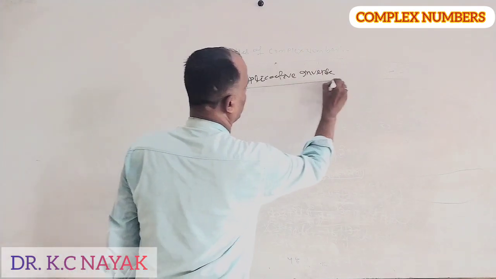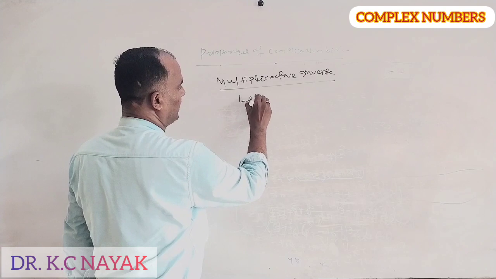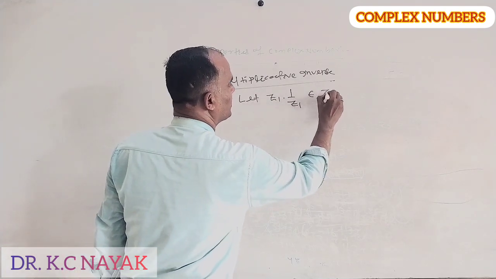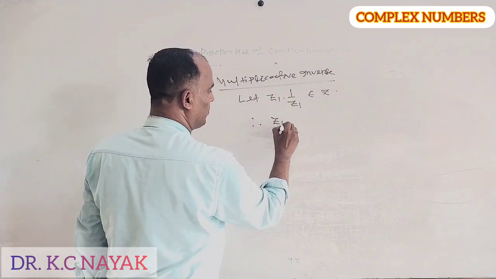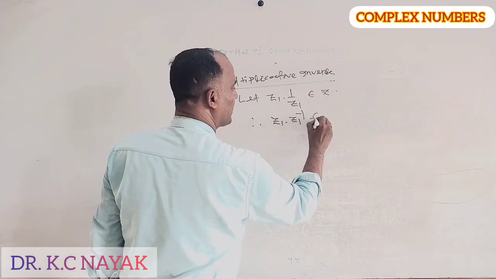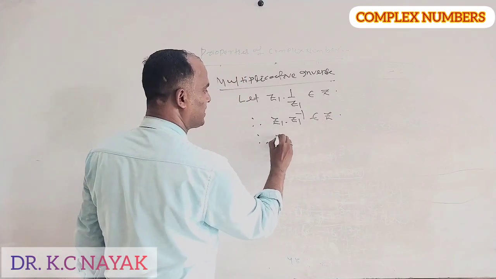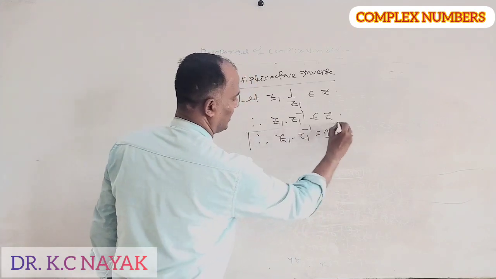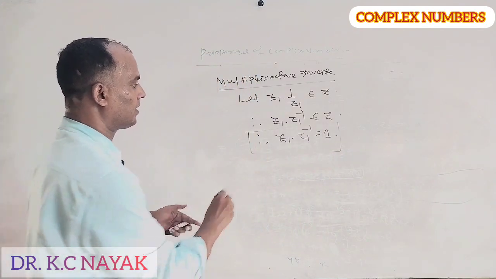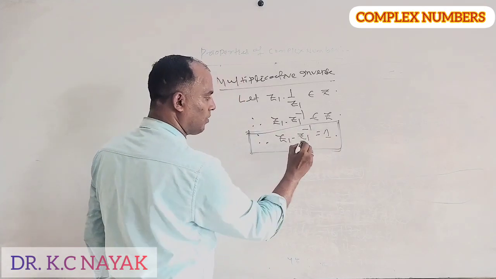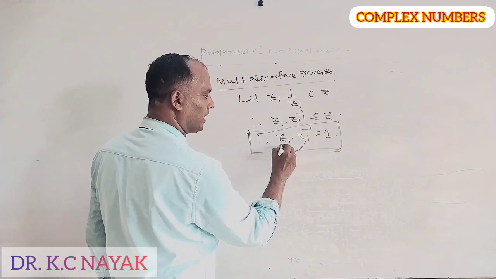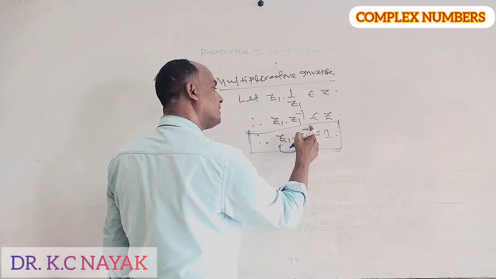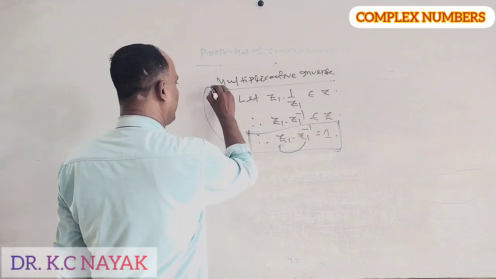Just you see, suppose Z1, let 1 by Z1 belong to Z. That is why Z1 into Z1 inverse belongs to Z. That means Z1 into Z1 inverse is equal to 1. Here Z1 inverse of Z1 is known as the multiplicative inverse. Z1 is also the multiplicative inverse of Z1 inverse. That is what multiplicative inverse is.